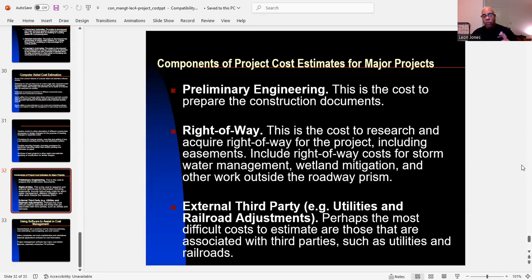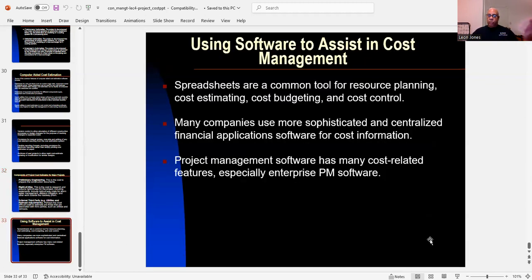Again, you're dealing with an external third party. These can be the most difficult costs to estimate, because they're associated with third parties such as utilities and railroads.